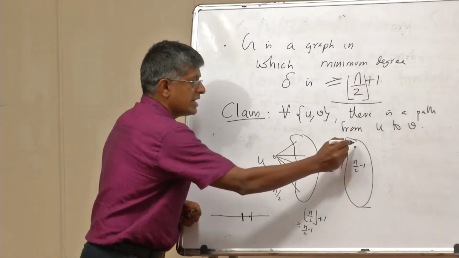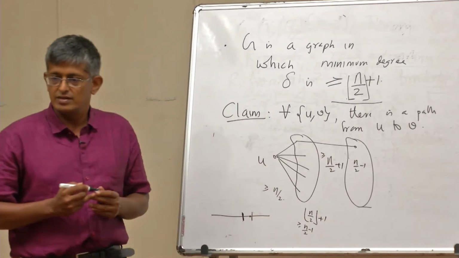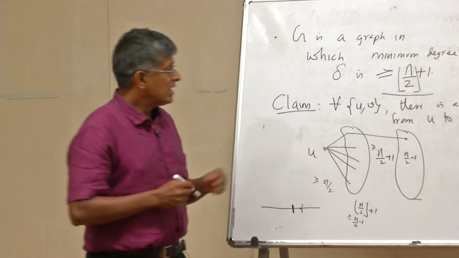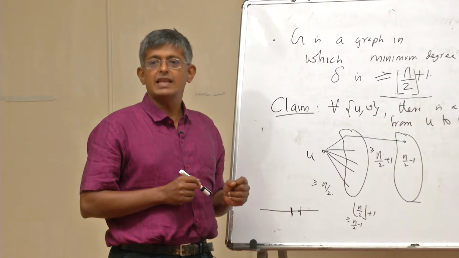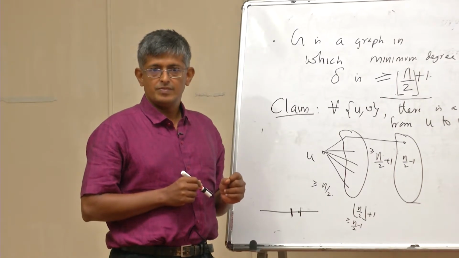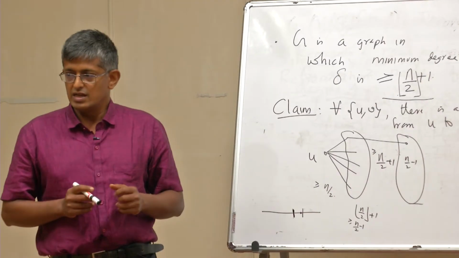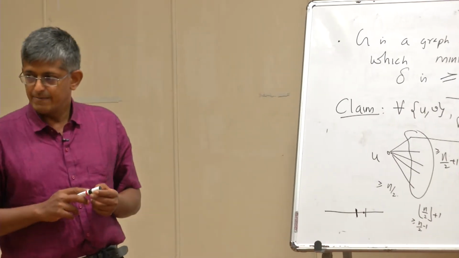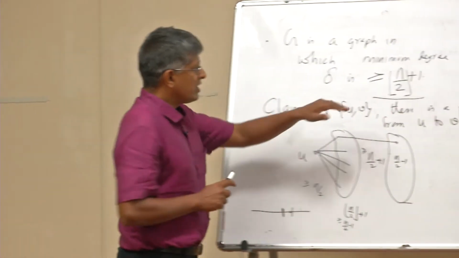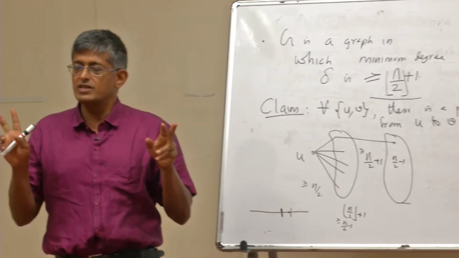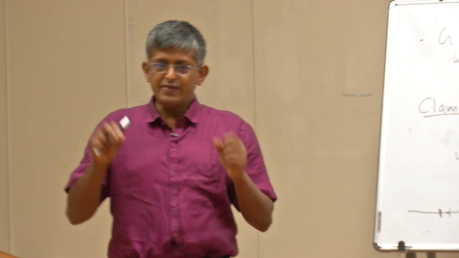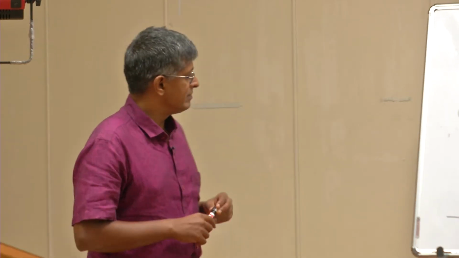Therefore, there must be one edge that goes from here to here. Therefore, there must always be a path between any two. It's a very simple counting argument. So if every degree is high, then the graph is most likely very connected.